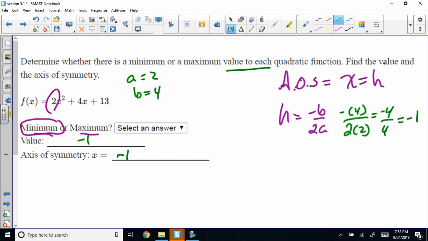If they're not wanting the h value, then they're wanting the minimum or maximum, which would be a k, right? So they either want a point or the y equals, right? So let's just go ahead and plug it in, just in case they want it the other way. We've got it covered, right?